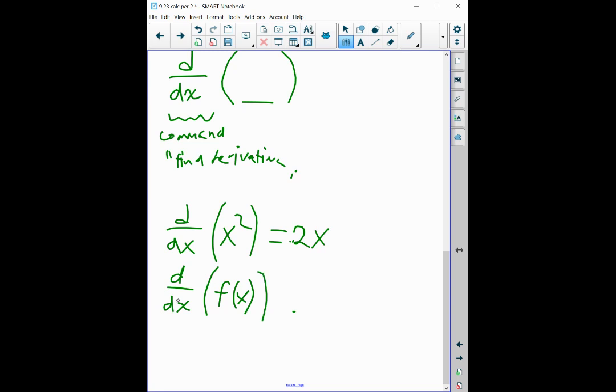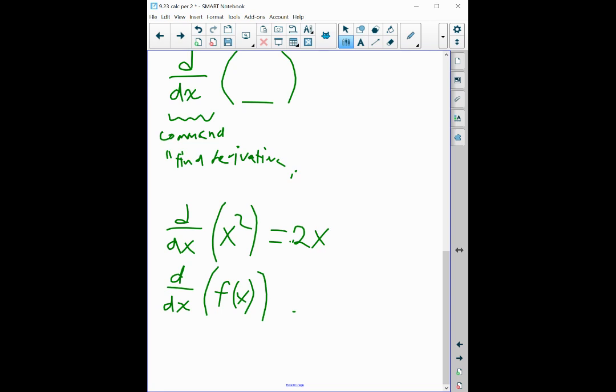Regardless, when you write it as a command of what you're going to do or what they're asking you to find, there is an object after every command. This is for any command in mathematics. All commands in math have to be followed by an object. Sine is a command, and it's always followed by an angle. Log is a command, and it's always followed by a value.